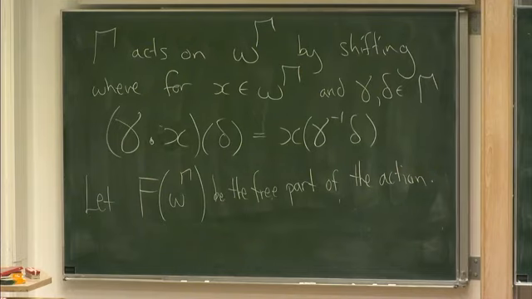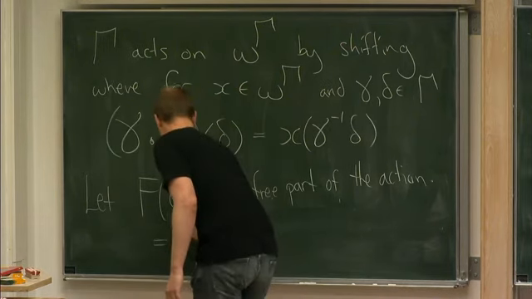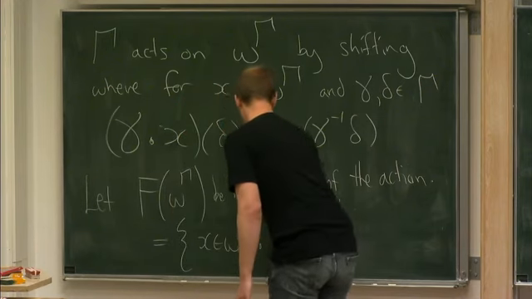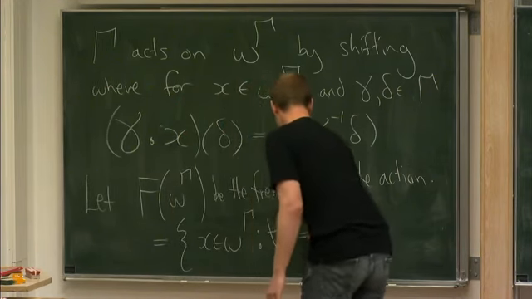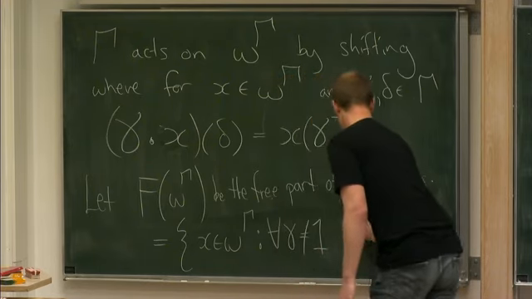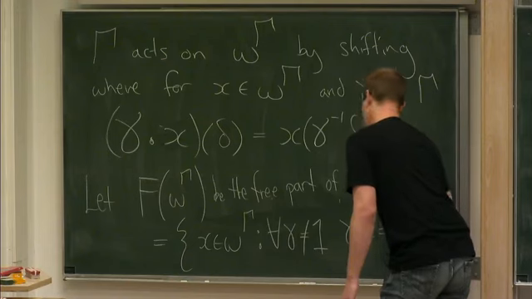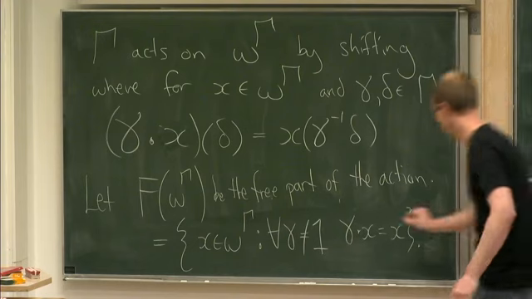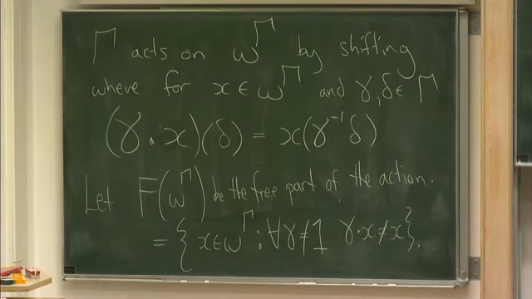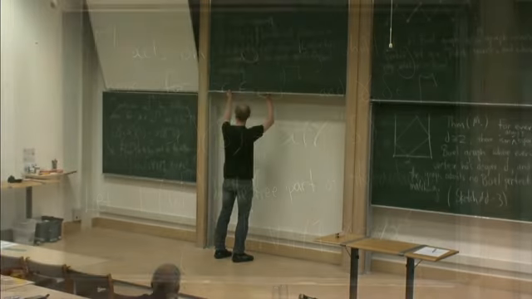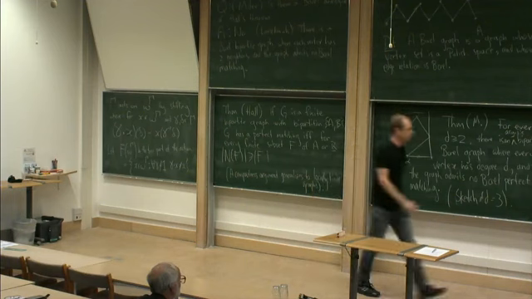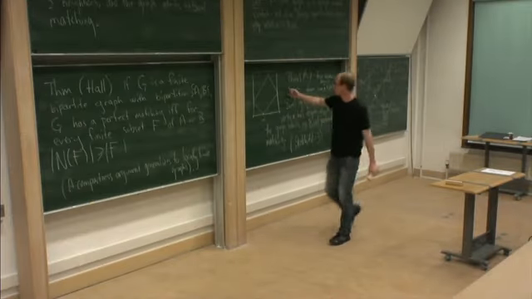The free part is equal to the set of x in omega to the gamma such that for all non-identity group elements, gamma dot x is not equal to x. Not equal. Thank you. All right. So I'm almost ready to define the graph that I want to consider for this theorem.